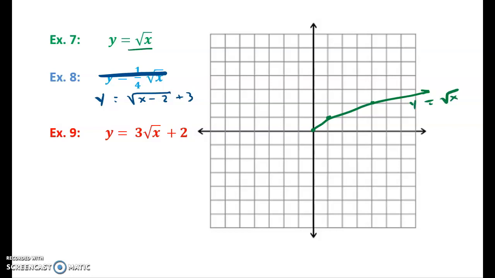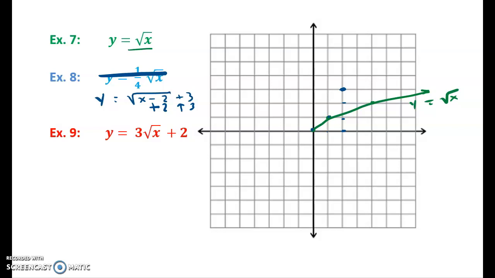And now going back to the blue function, y is equal to the square root of x minus 2, that we're going to take as a positive 2, it means it moves to the right 2, and it moves up, because of the plus sign, 3 units. So it moves right 2, up 3. So every point, I'm going to move 0, 0 from my parent function right 1, 2, and then up 1, 2, 3.